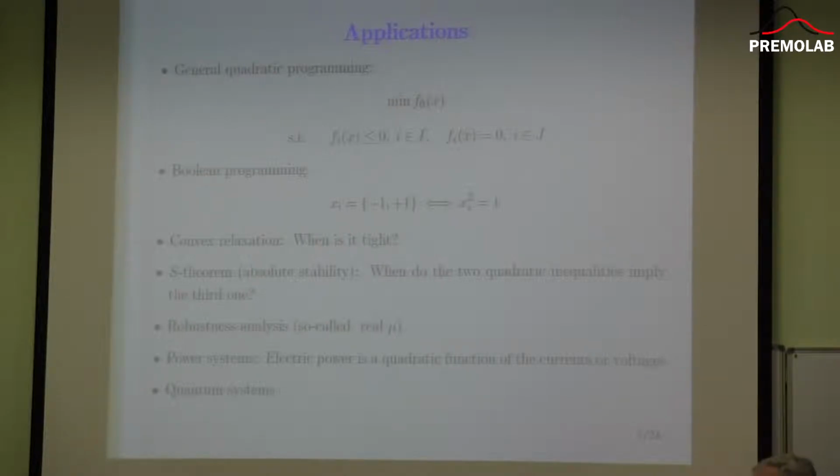So where do such problems arise? Of course, first of all, it's optimization. If we deal with a general quadratic optimization problem, that's minimization of quadratic functions subject to quadratic constraints, then it's exactly a problem of this sort.